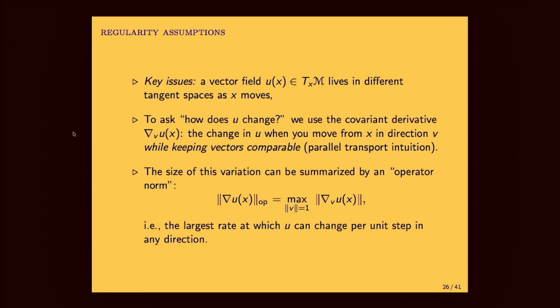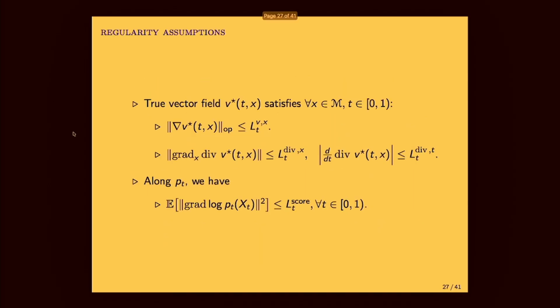This gives us a rate of change of the velocity field on the manifold itself, which takes into account the fact that it lives on different tangent spaces, right? So our assumptions are going to be on this operator norm of the covariant derivative, which I will list going forward in this talk.